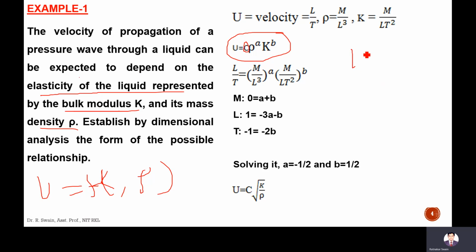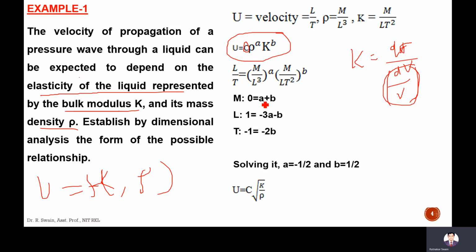The bulk modulus, we know, is change in pressure divided by rate of change in volume. The volume ratio has no dimension, dV by V, so only the pressure dimension remains, that is M by L T squared, to the power b.